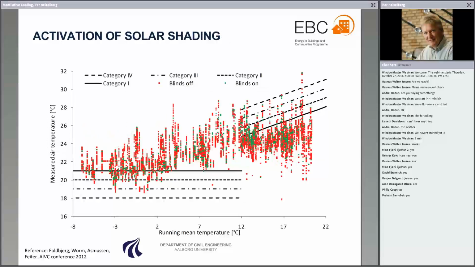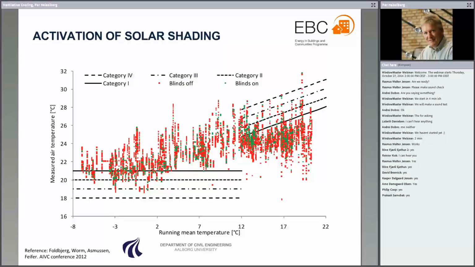The same tendency we can see with the solar shading, where this figure shows with green dots when solar shading is activated, and the red dots when it's not activated. And we can also see here that there is not a clear correlation between high temperatures and activation of the solar shading.